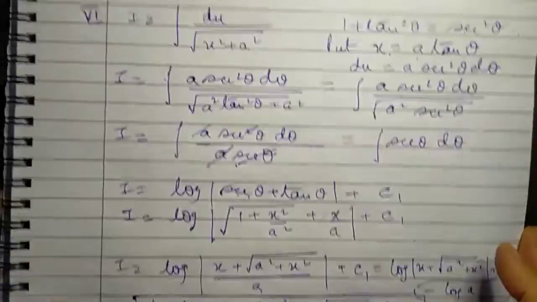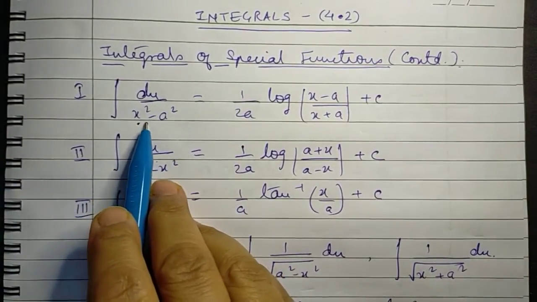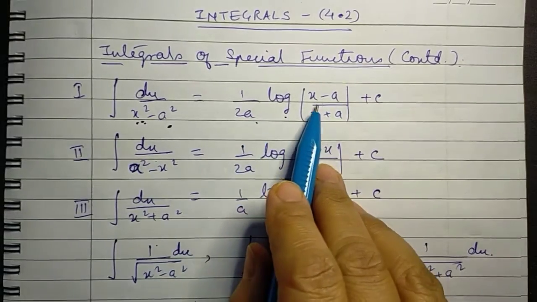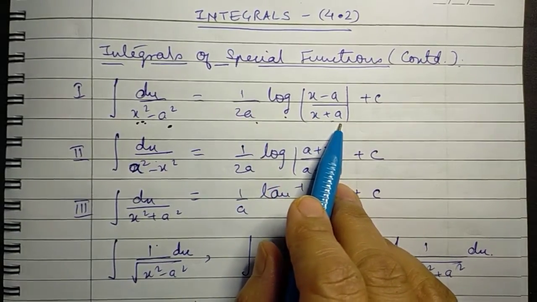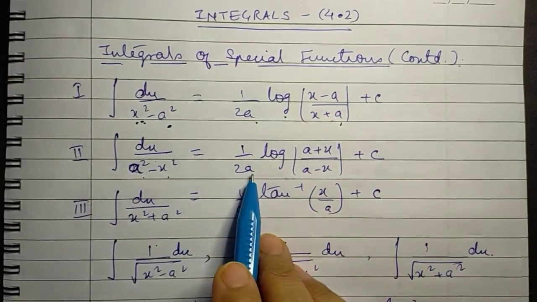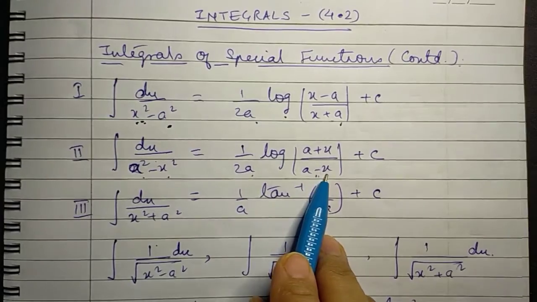In this way we have done all the 6 results, that is, we have done the 3 results in the previous video: the integral of 1 upon x squared minus a squared is 1 upon 2a log of x minus a over x plus a. That of 1 upon a squared minus x squared is 1 upon 2a log of a plus x over a minus x.